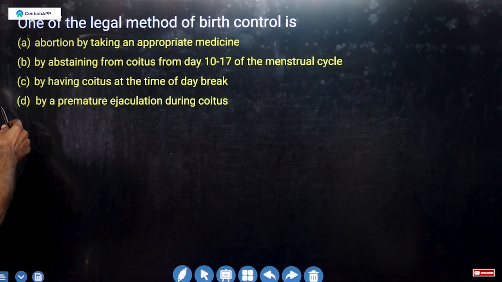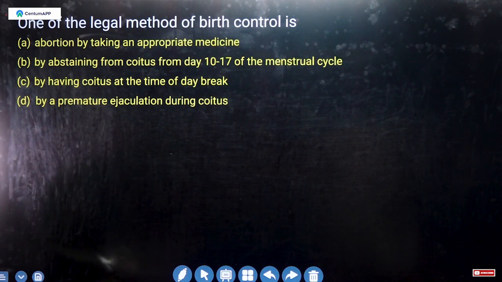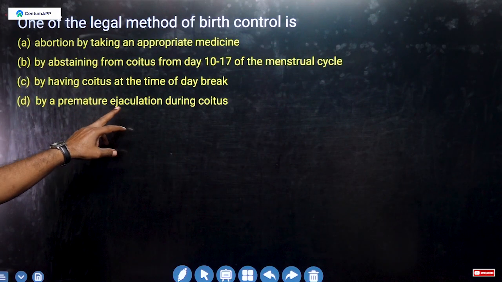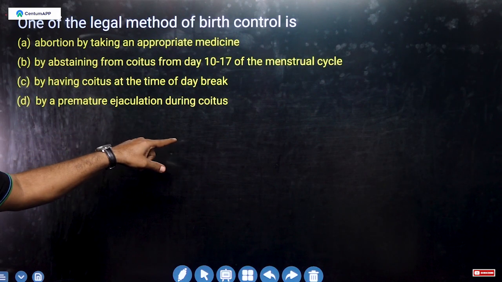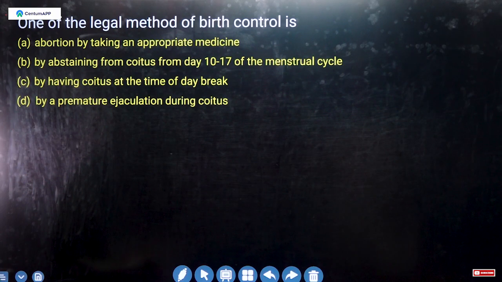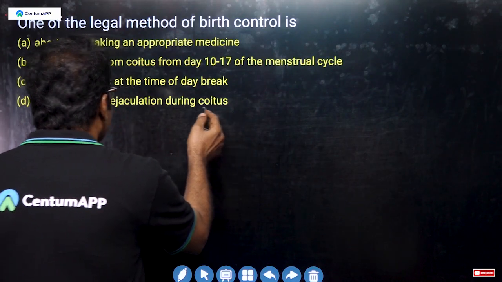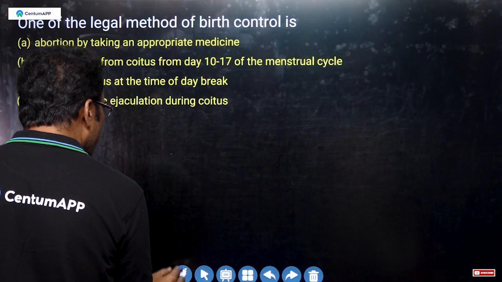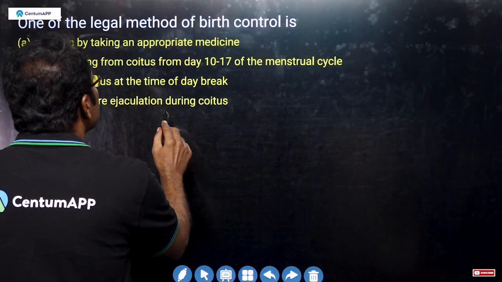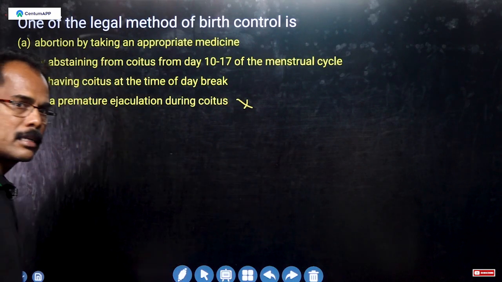So, we will start from the D option, premature ejaculation during coitus. Premature ejaculation can occur in most males. Even after premature ejaculation, some semen is still released, which is required for the formation of the zygote. This is not a birth control method, so this option is not correct.